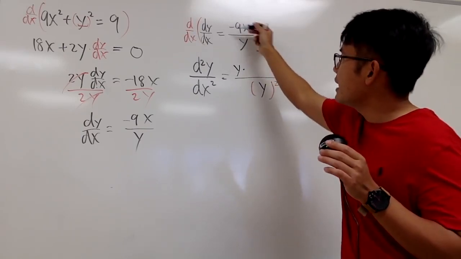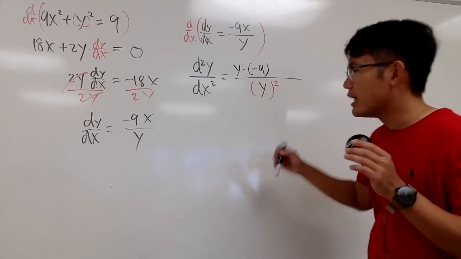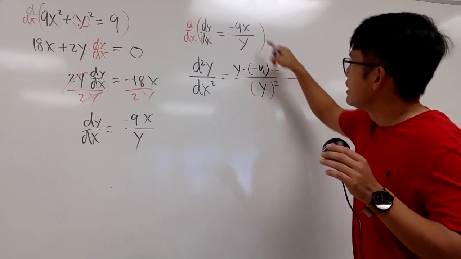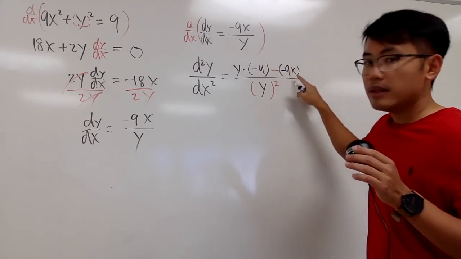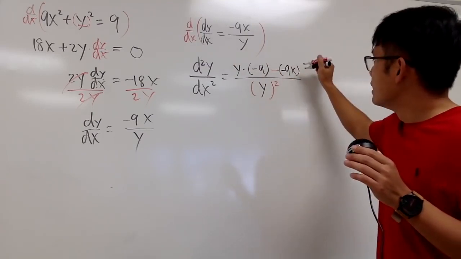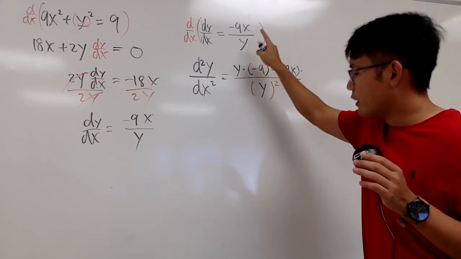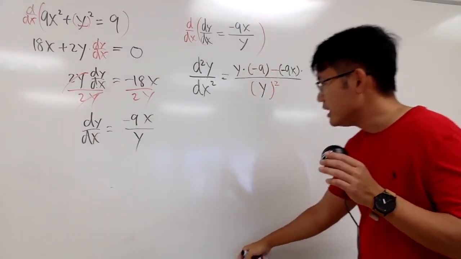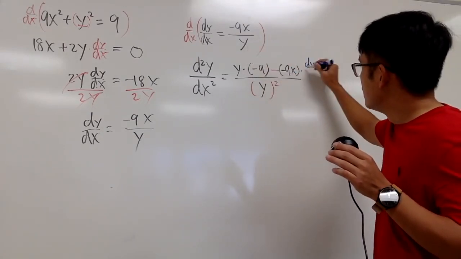Derivative of negative 9x is just negative 9. And then the quotient rule says we have to subtract the top function, namely negative 9x, and then we multiply by the derivative of the bottom. Here, the derivative of y is the dy/dx.